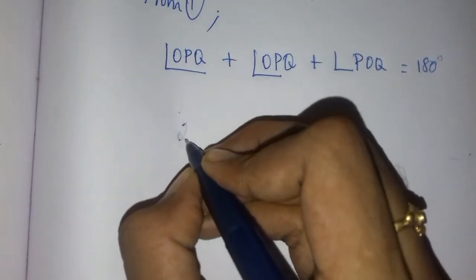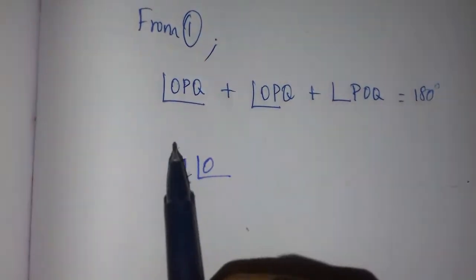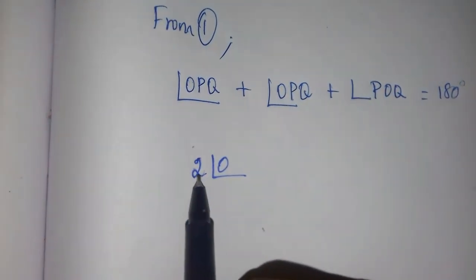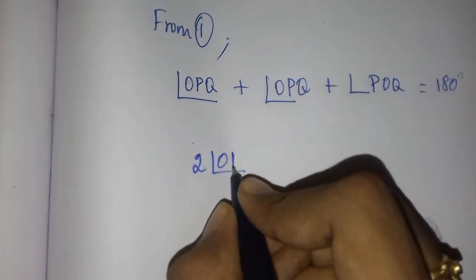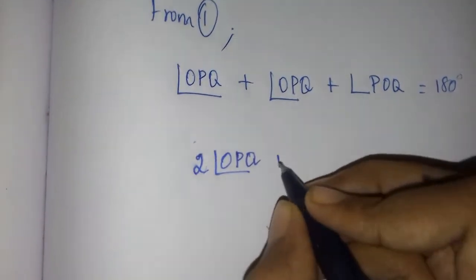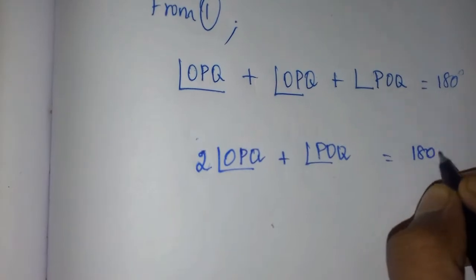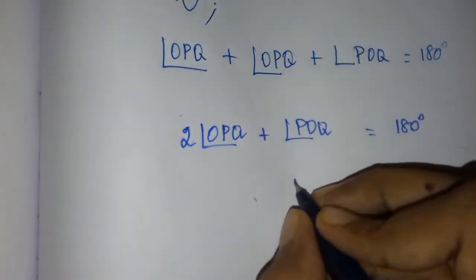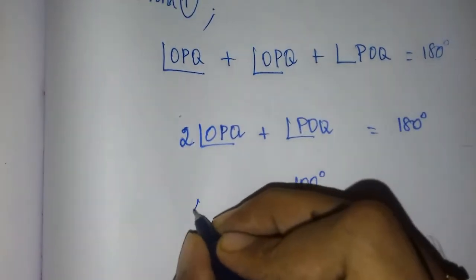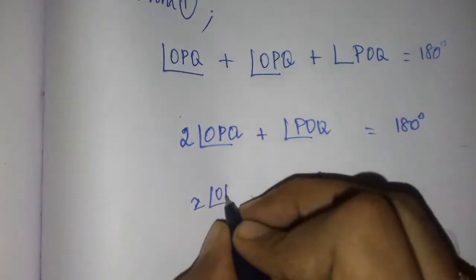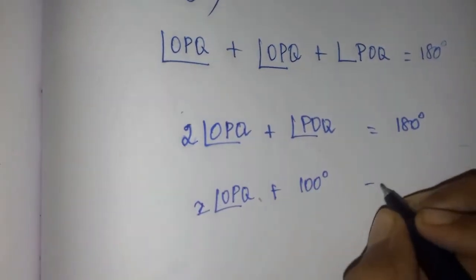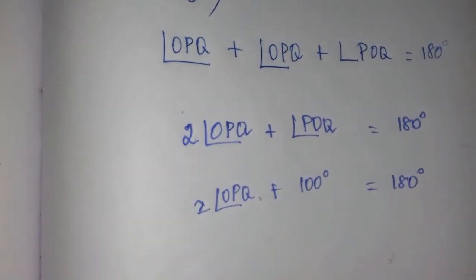So what will we write? 2 into angle OPQ plus POQ is equal to 180 degree. What is the value of POQ? That is 100 degree. 2 into angle OPQ plus 100 degree is equal to 180 degree.